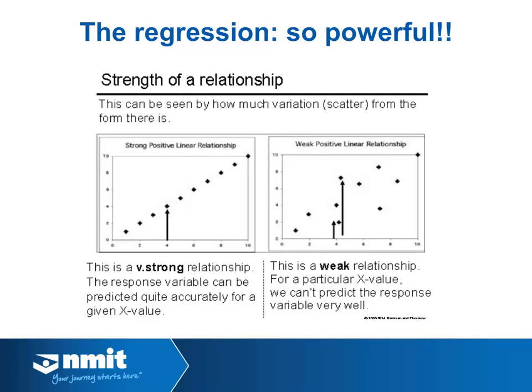Quite tightly, as the x-axis increases, so does the y-axis. On the right-hand side, we've got a weaker relationship between the two variables. As x increases, y does increase, but there's a lot of variation in the data points. Sometimes it doesn't increase as much as another data point. So there's a fair bit of error in that relationship. Whereas on the left-hand side, it's very, very tight. They consistently increase with each other.